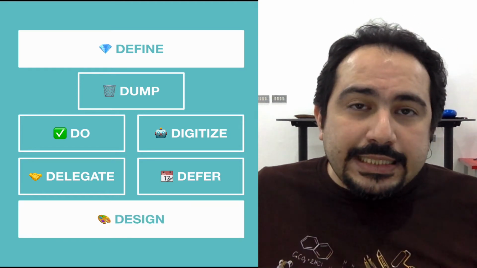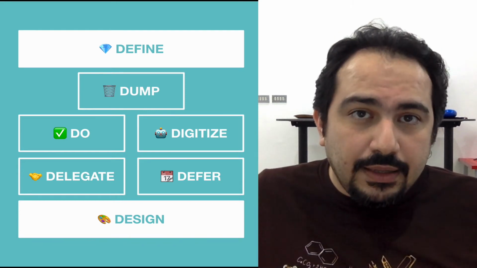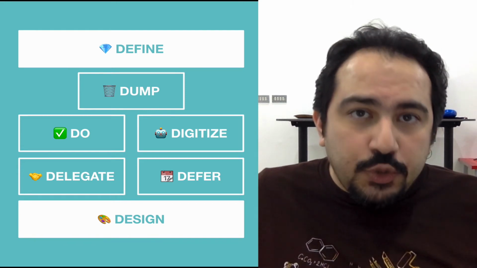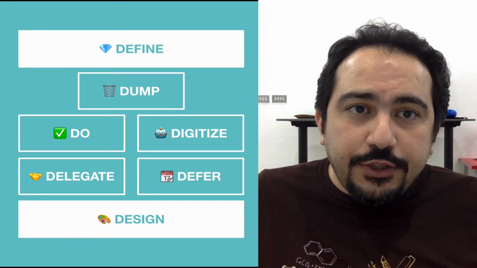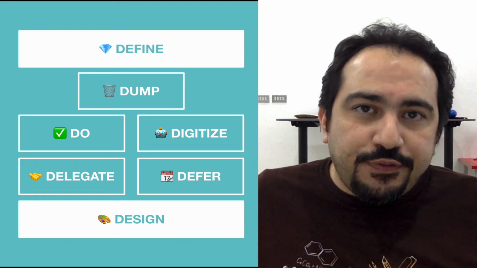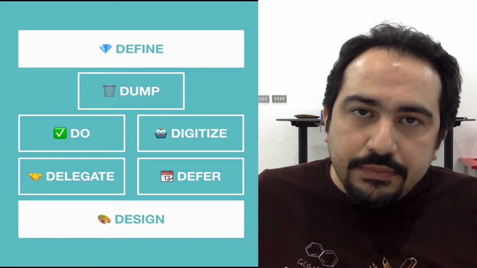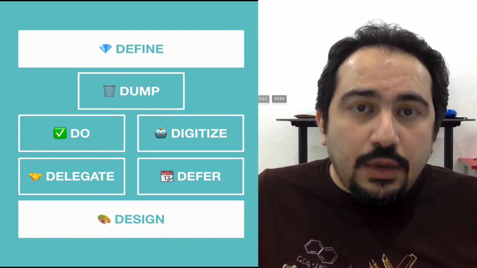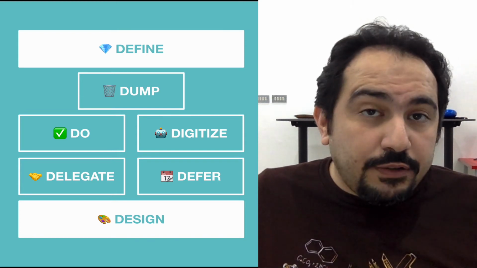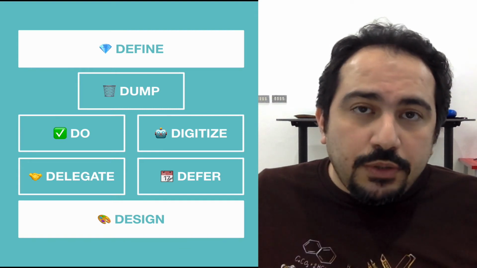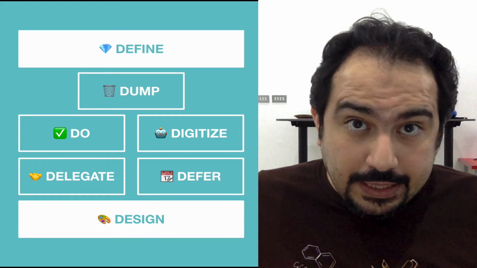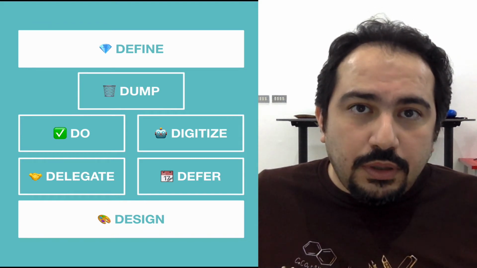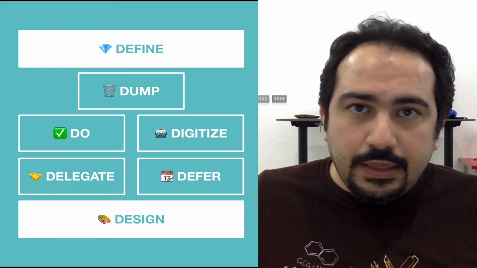The last dimension is design. And design is how you optimize every other dimension that we looked at. How can you improve the way you define your tasks, projects, commitments, whatever? What filters will you put in place in order to decide quickly what are the things that you will dump immediately?